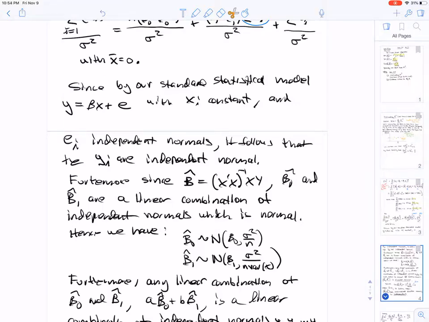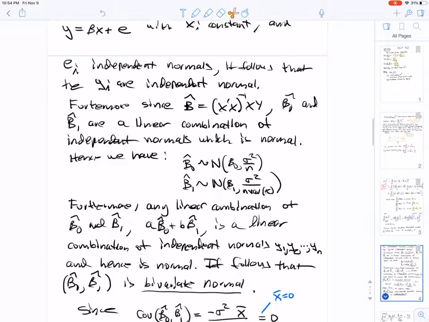Furthermore, since beta hat is x prime x inverse x prime y, beta 0 hat and beta 1 hat are linear combinations of the independent yi's. A linear combination of independent normals is normal, and hence beta 0 hat and beta 1 hat are normal.